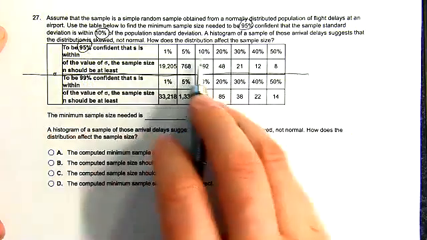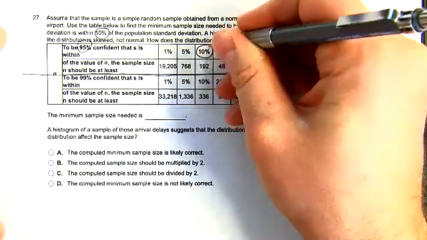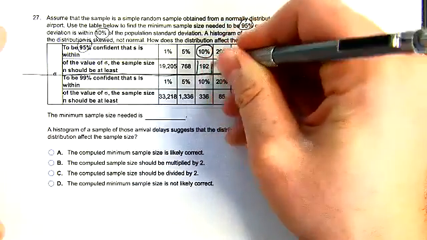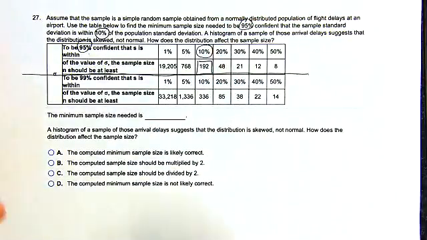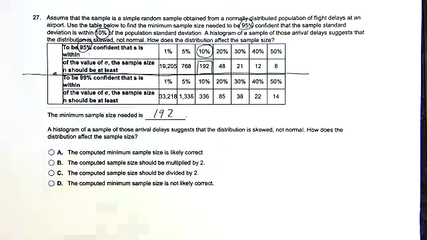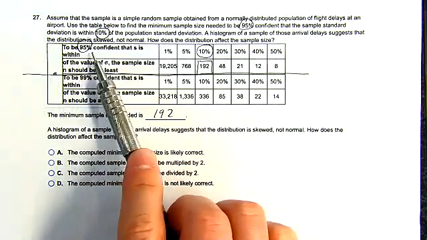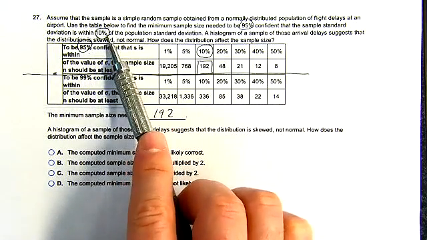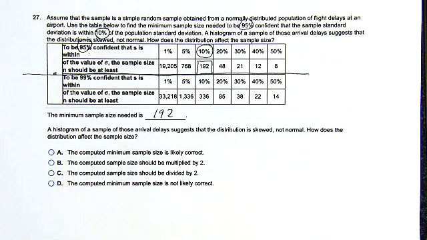So top table, 10%. We're here. And the answer would be 192. So we'd have to sample 192 flights to be 95% confident in our answer and have it be within 10% of the population standard deviation.